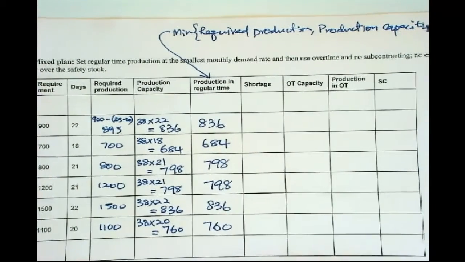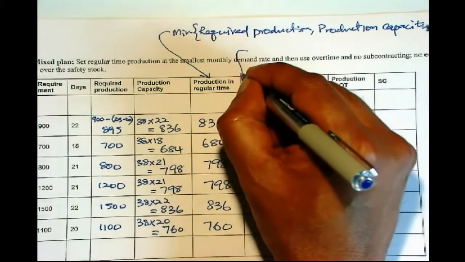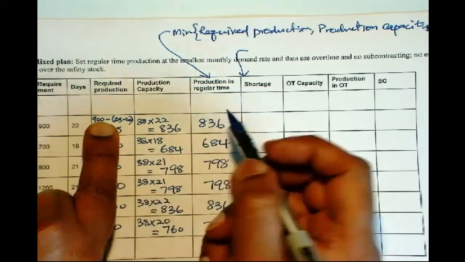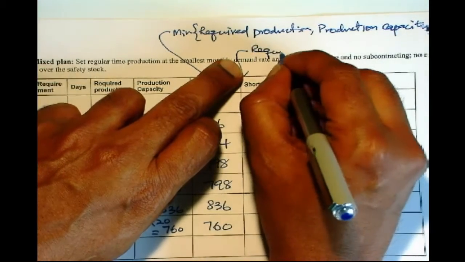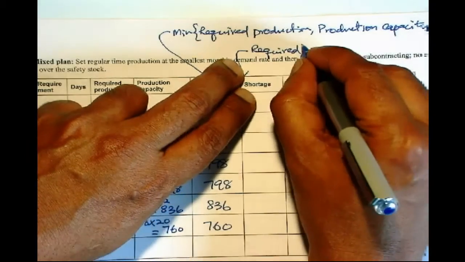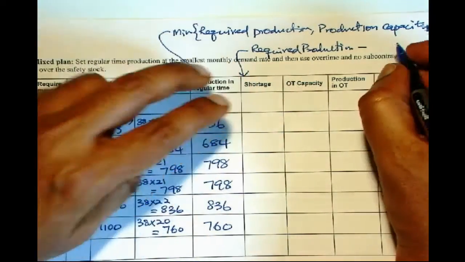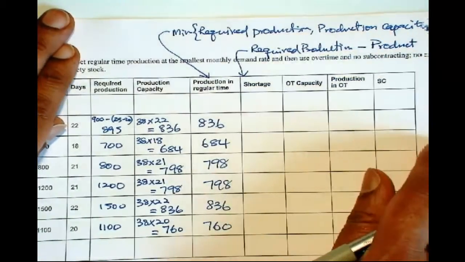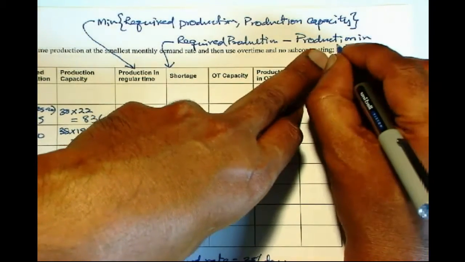Next, let's compute the shortage. Now, shortage is simply required production minus actual production. So, required production minus production in regular time.